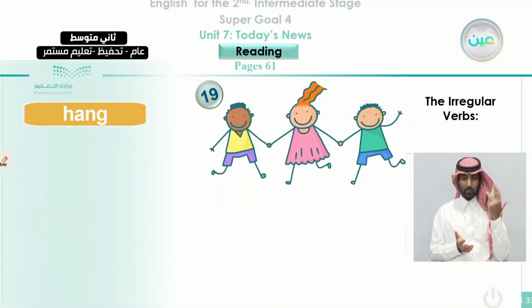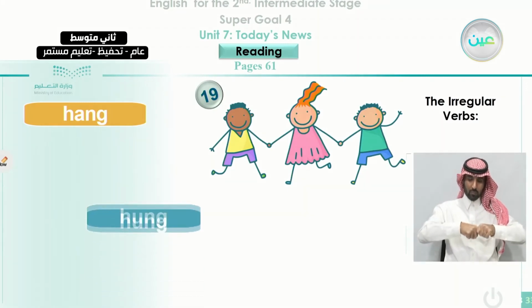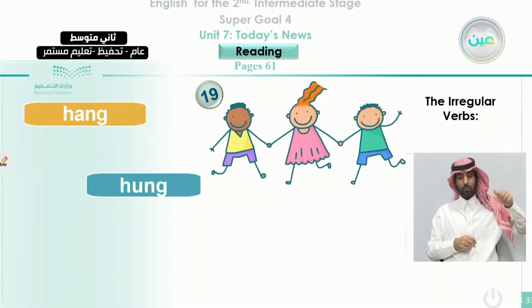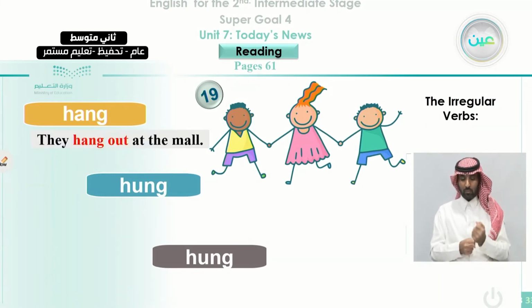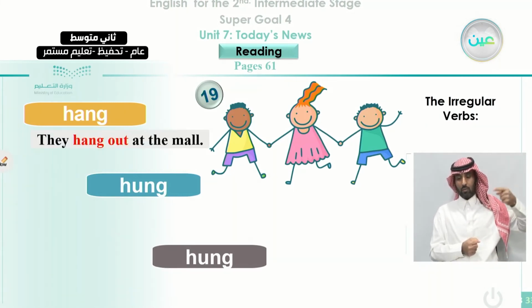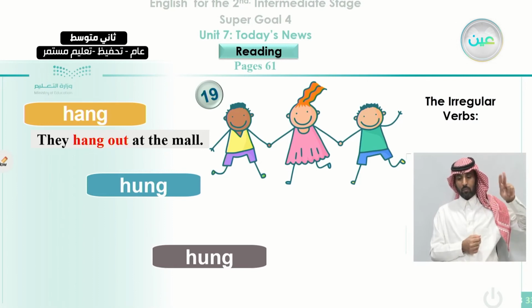Verb number 19 here is hang. Okay, look at the children. They hang out at the mall. When we talk about the past, we can say here hung. They hung out at the mall. We can say hung also in the past participle. They hang out at the mall. That is a regular thing, it happens regularly, and it is in the present simple.